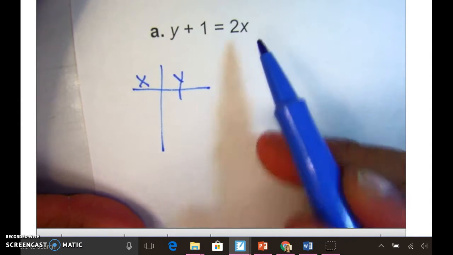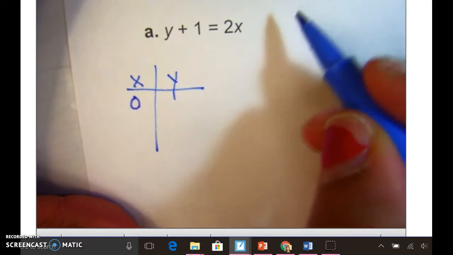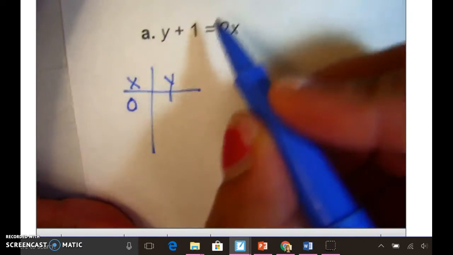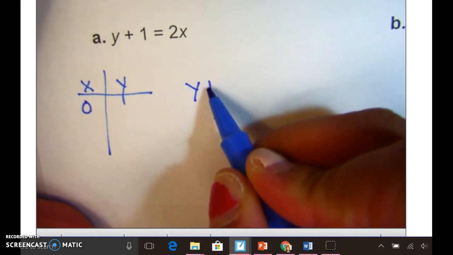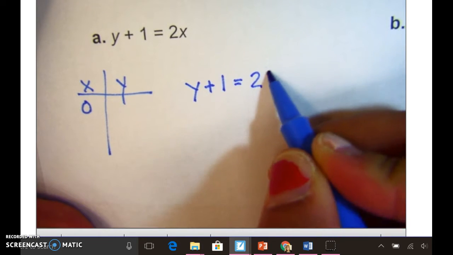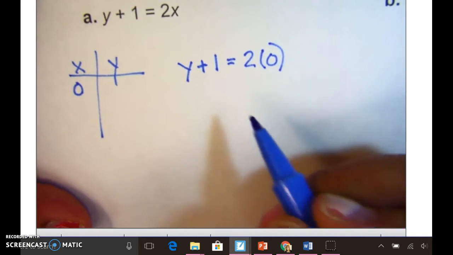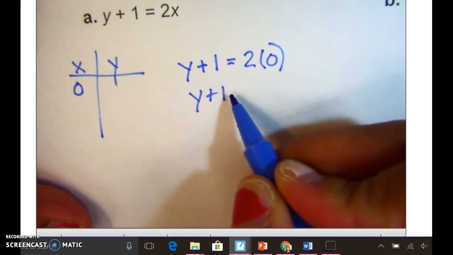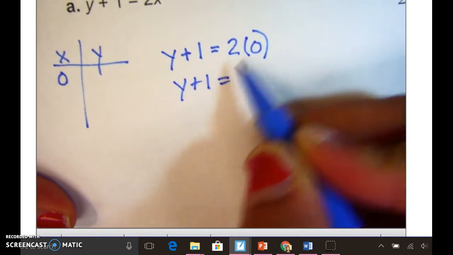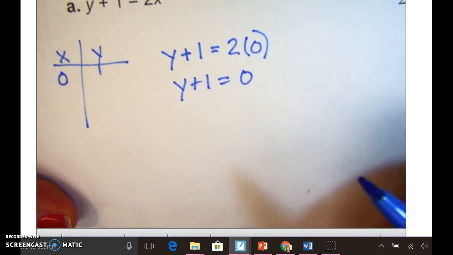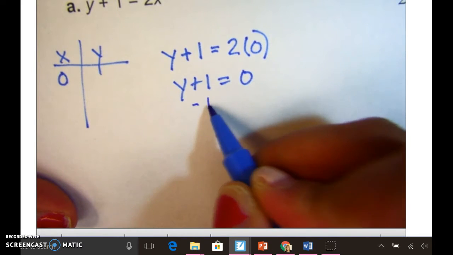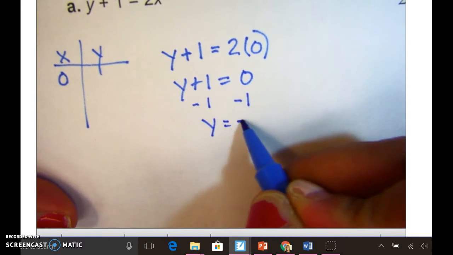So if I said x equals 0, then y plus 1 equals 2 times 0, which is 0. And I could subtract 1, and y would equal negative 1.